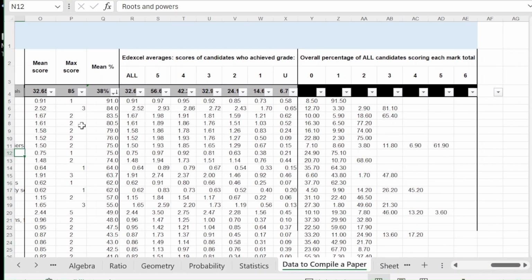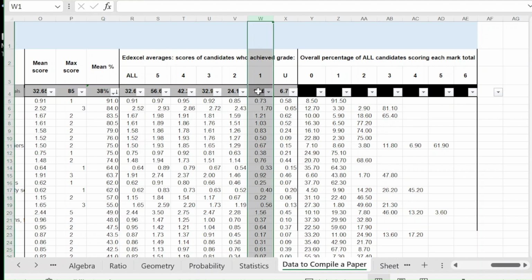I arranged it by mean difficulty, but it actually gives us a percentage of scores of candidates who achieved grades. So it gives you a rough indication of grade boundaries for this paper, which is quite useful.